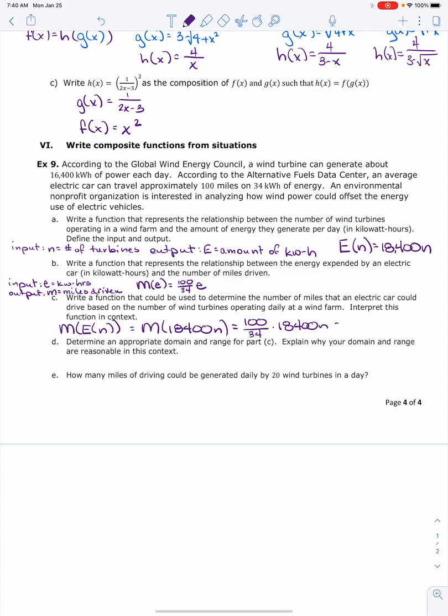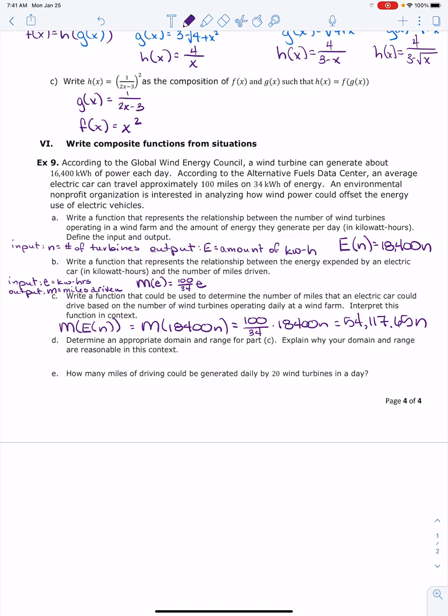And you could reduce and leave it as a fraction. I got 920,000 over 17 times N. I'm going to go ahead and convert this just because I'm running out of room. 54,117.65 times N. So basically 54,117.65 miles per wind turbine.